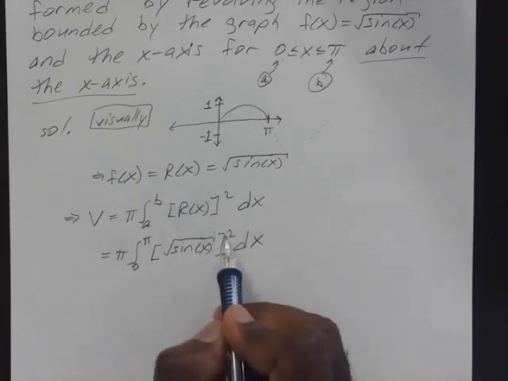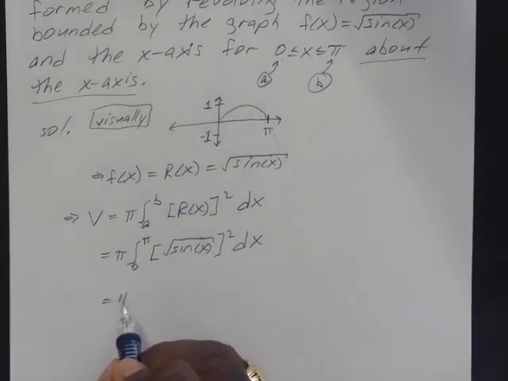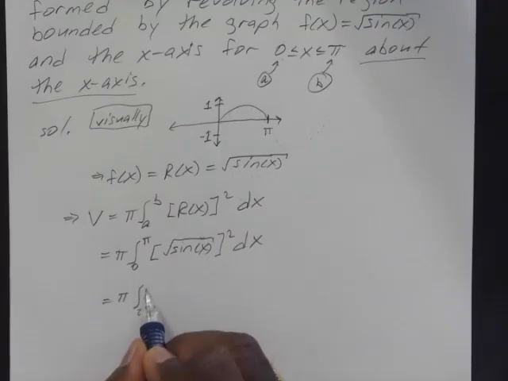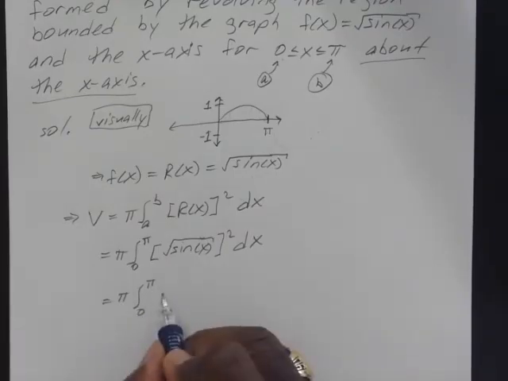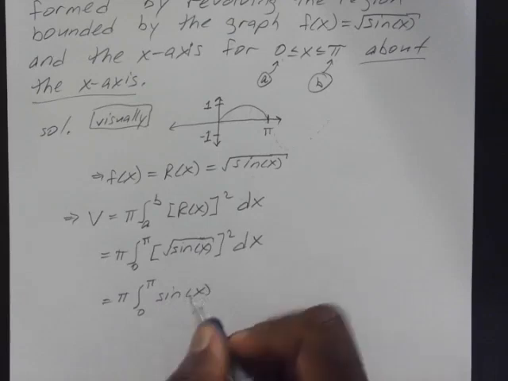Well, luckily, the square and the square root cancel each other out. That's just pi times the integral from 0 to pi of sine of x with respect to x.